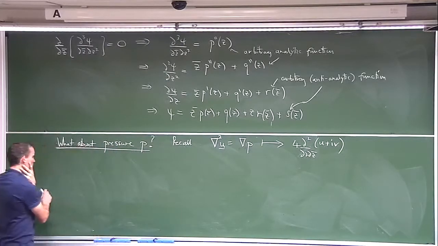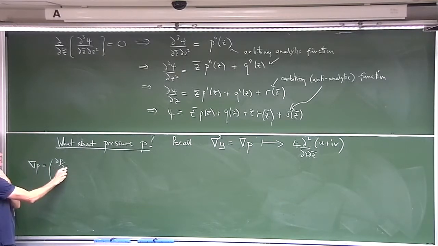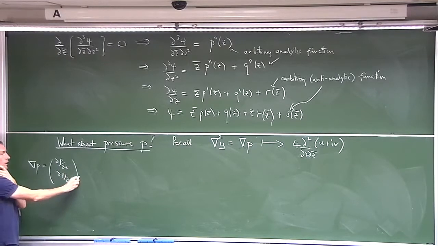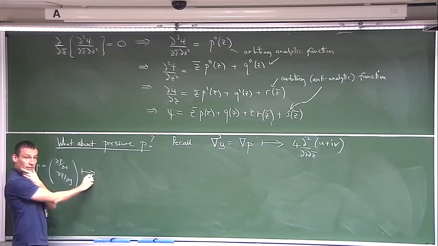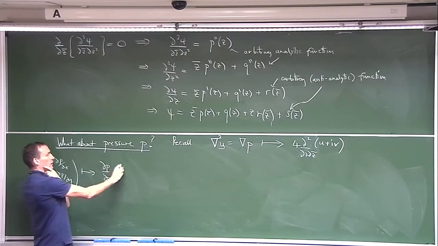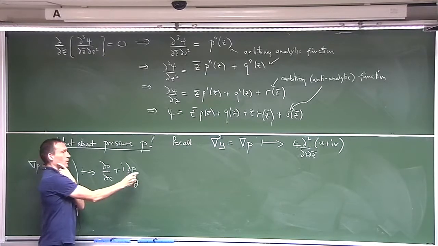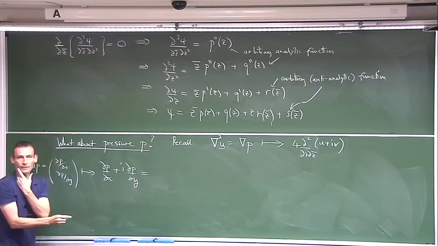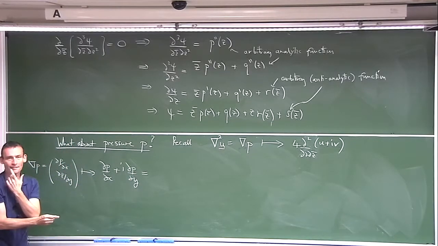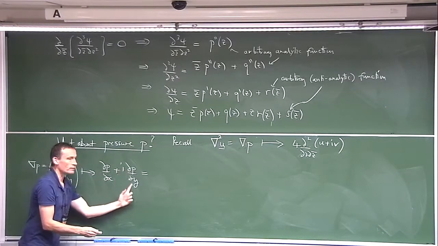Well, let's just do some little working over here. Grad p is, of course, the vector in two dimensions, dp by dx, dp by dy. The complex form of that is dp by dx plus i dp by dy, which is, anybody? I like this operator, don't I?